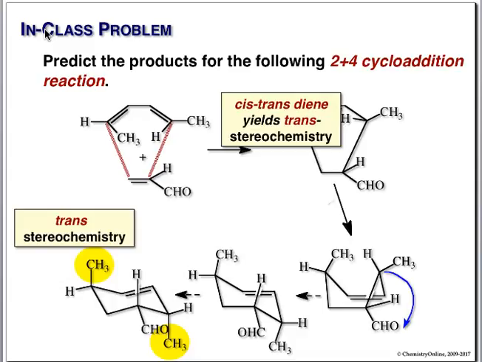Now, what's their stereochemistry? Well, the way we've drawn it, this is axial, this is axial. Opposite sides of our ring plane, they are trans. If they were both equatorial, they would also be trans.